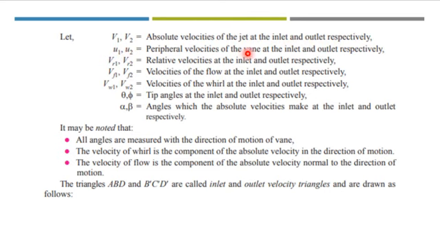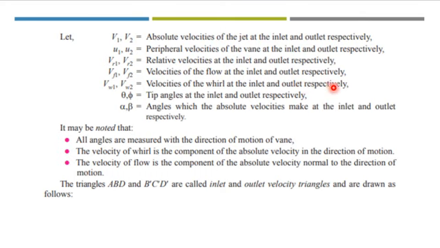So V1 and V2 are the absolute velocities of the jet at inlet and outlet respectively. U1 and U2 are the peripheral velocities of the vane at inlet and outlet respectively. VR1 and VR2 are relative velocities at inlet and outlet respectively.